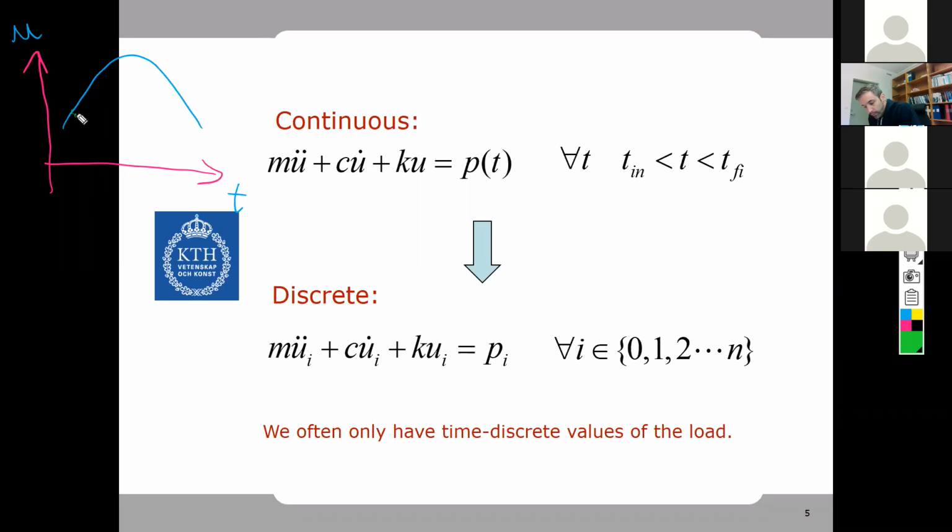Now I have the value here and maybe the value here, but I know nothing about what happened in between. So here something crazy could happen, but by choosing this distance to be small enough, we make sure that nothing very crazy happens. But this distance is to be chosen carefully, and we're going to talk about that later on.